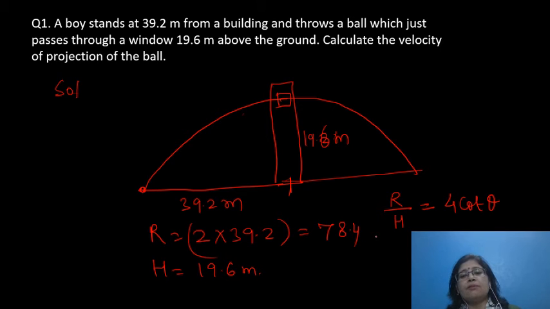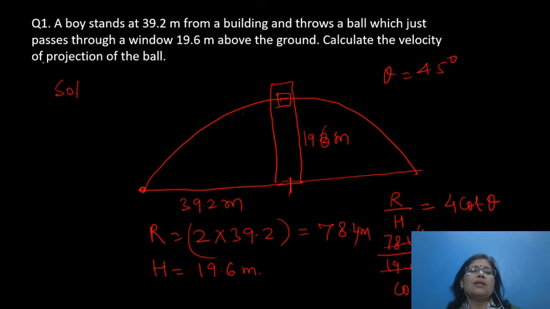We have the value of r, that is 78.4 meter, and the value of h as 19.6 meter, so 4 will cancel out and we get cot theta equals 1. It means theta will be equal to 45 degrees.